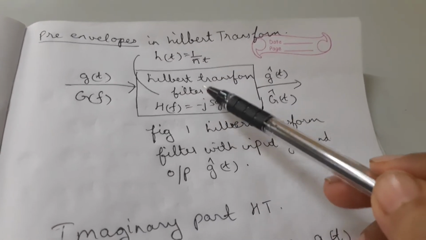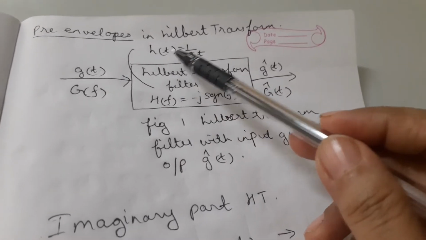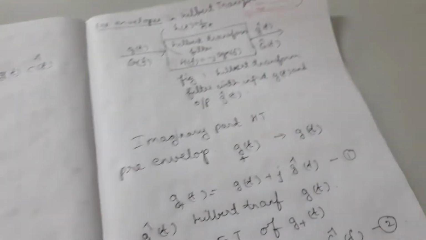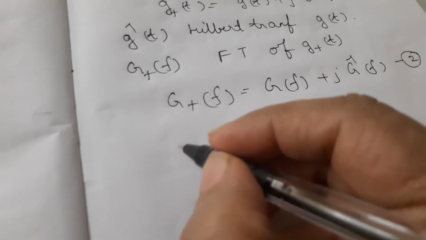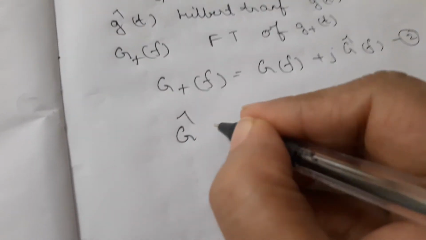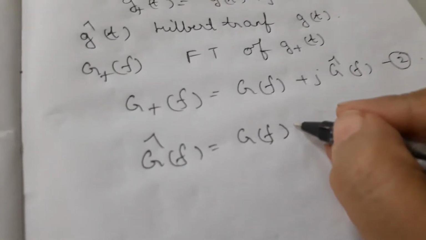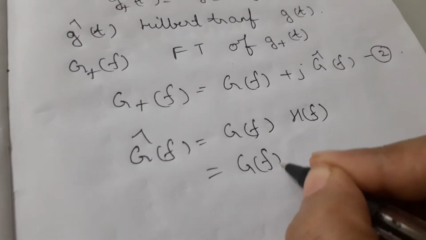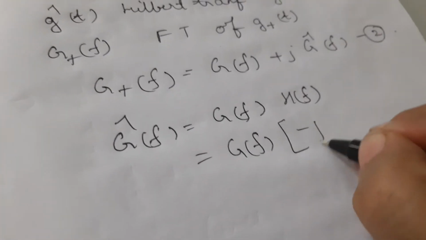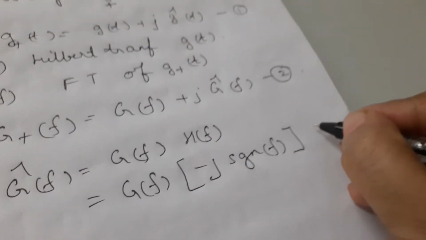So this is passed through the Hilbert transform, which is minus j signum of f, and h of t is equal to 1 over pi t. Now referring to that figure, we can write G cap of f is equal to H of f times G of f. We all know H of f is minus j signum of f. Let this be equation number 3.